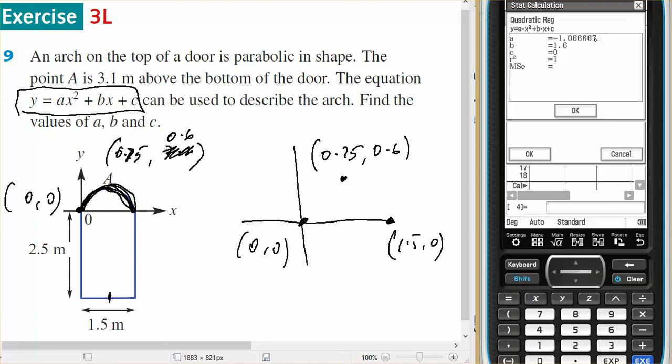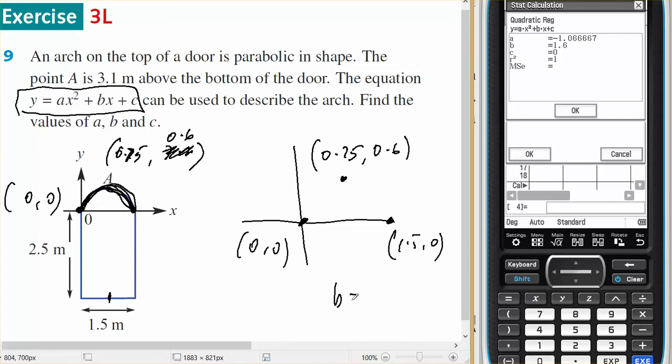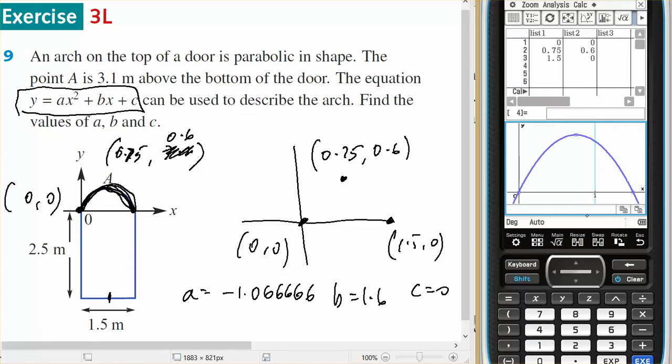And there it is. So that's negative 1.066666 and 1.6. So b equals 1.6, c equals 0, and a equals negative 1.066666, and that 7 comes from a recurring.